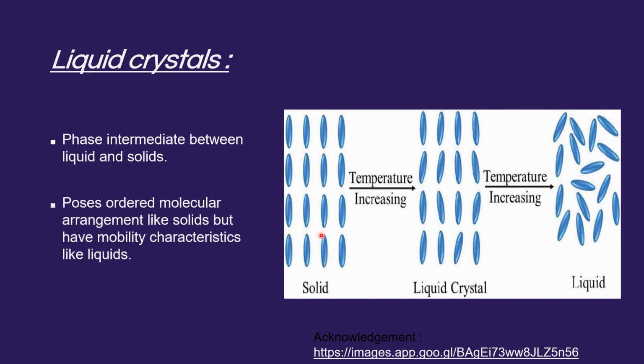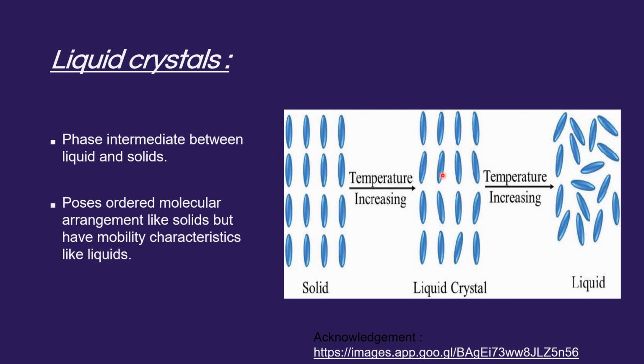When such solids are heated, when the temperature is raised, they undergo deformation, and the intermediate state between solid and liquid is the liquid crystal state. Here, this intermediate phase possesses an ordered molecular arrangement like solids to some extent. As you see here, it is not completely disoriented, it is still ordered, but it has mobility characteristics like the liquid phase.